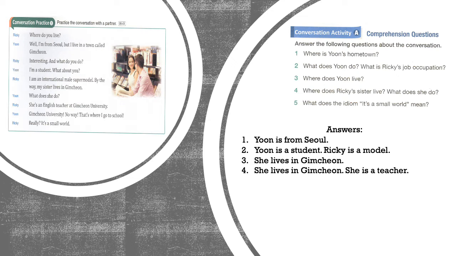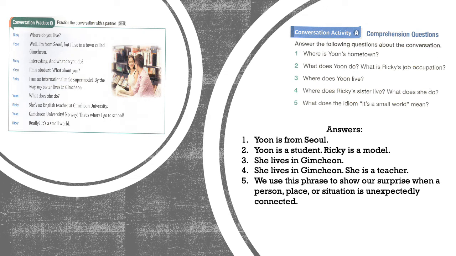What does that mean, it's a small world? Well, we use this phrase to show that we are surprised when we meet someone that's unexpectedly connected to us. So for example, if I'm in Korea and I meet a student and the student says, oh, I used to live in Chicago and of course, I'm from Chicago.